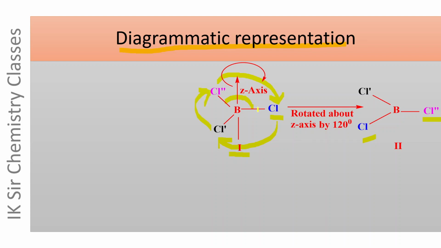On rotating the BCl3 molecule about the Z axis by 120 degrees, 1 and 2 are equivalent, similar, or indistinguishable orientations. Here a Cl atom is present, and here also a Cl double dash atom is present. These two are equivalent orientations.